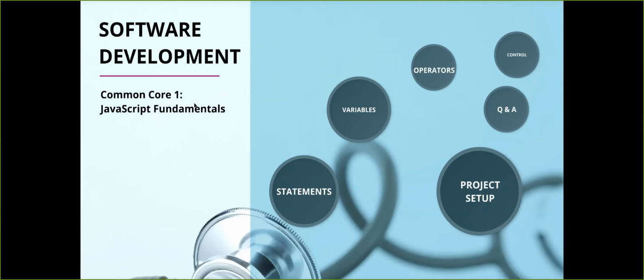With Java, you constantly have to compile your application before you can even test it. As you're going to see in this class, with JavaScript, you don't need to compile. You write the code, you save, and you can run it immediately. All right? So that is JavaScript. Now, what's a programming language?